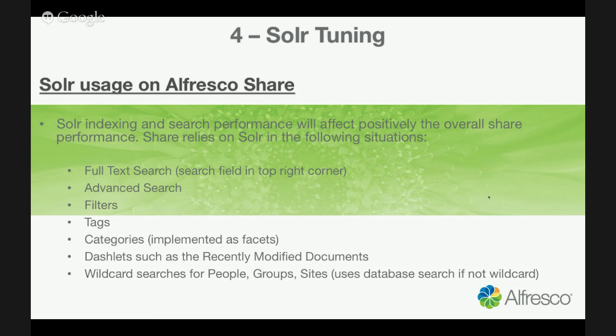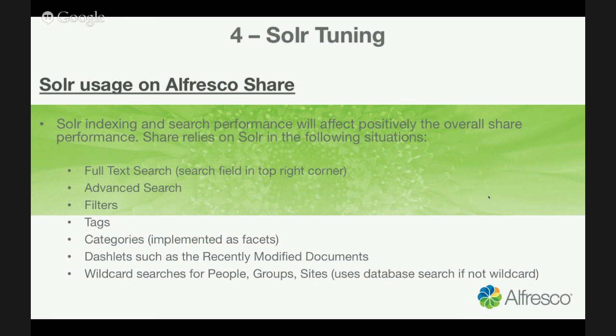So I just wanted to explain, for the ones that don't know, how Solr is used on Alfresco Share. Solr indexing and search performance, so the tuning that we were referring to on the previous slides, will positively affect the overall Share performance. This is because Share relies on Solr in the following situations: full text search, advanced search, filters, tags, categories, dashlets such as the recently modified documents, and wildcard searches for people, groups, and sites.